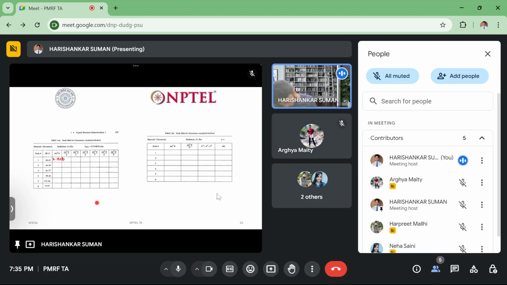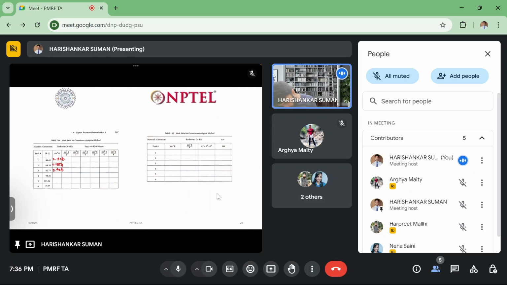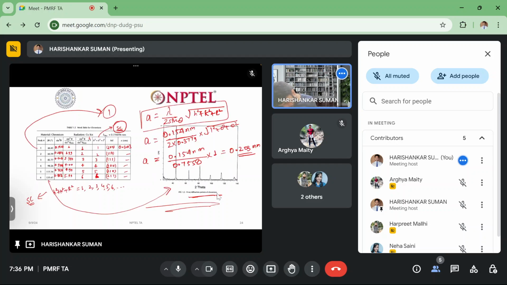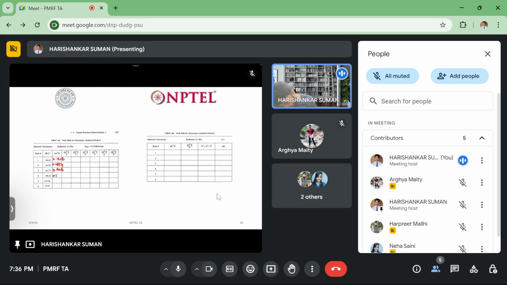Theta is the previous one, so sin square will be the same: 0.2854, 0.428, 0.756. Okay, so divide by 2, 3, 4, 5.